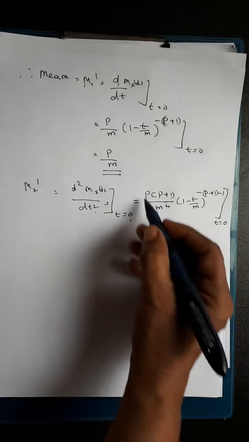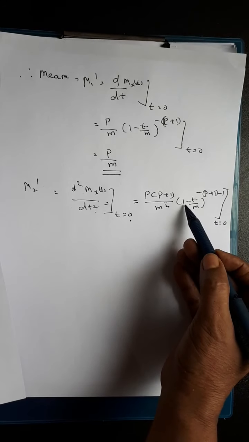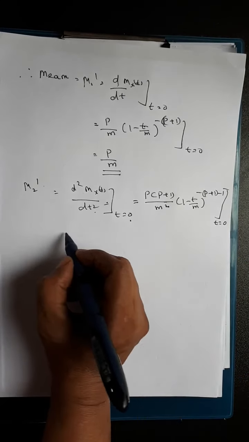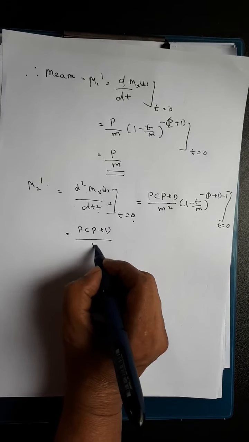Put t equal to 0 in this expression, so t by m becomes 0. So we have 1 here. So this one is p into p plus 1 by m square.